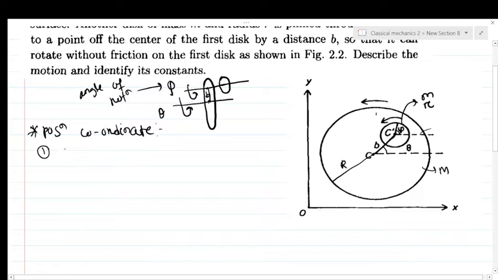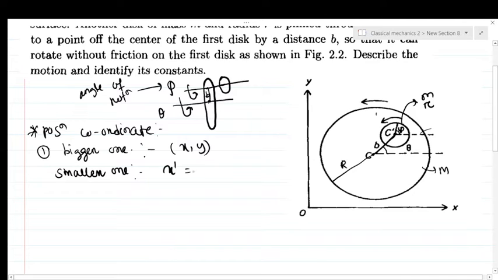First, for the bigger one, its position coordinate is x, y, as you can see, and for the smaller one the position coordinate is shifted from x and y.